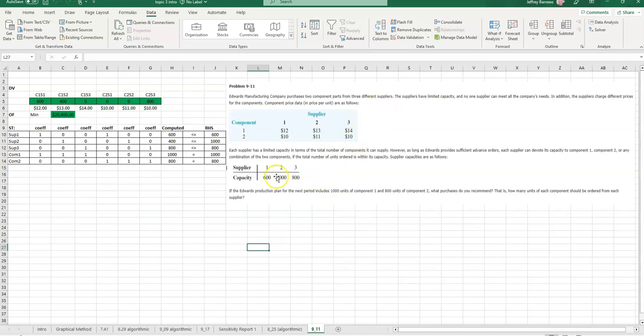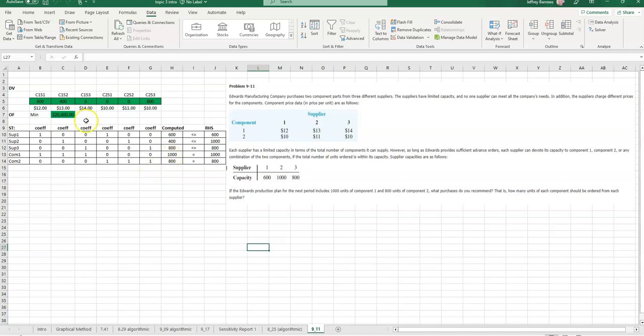So we would certainly expect to see maybe a little less from supplier 2 in that regard. So again, I think everything certainly checks out mathematically just by looking at it. And then if we go and do a quick logic check, I think that checks out as well.